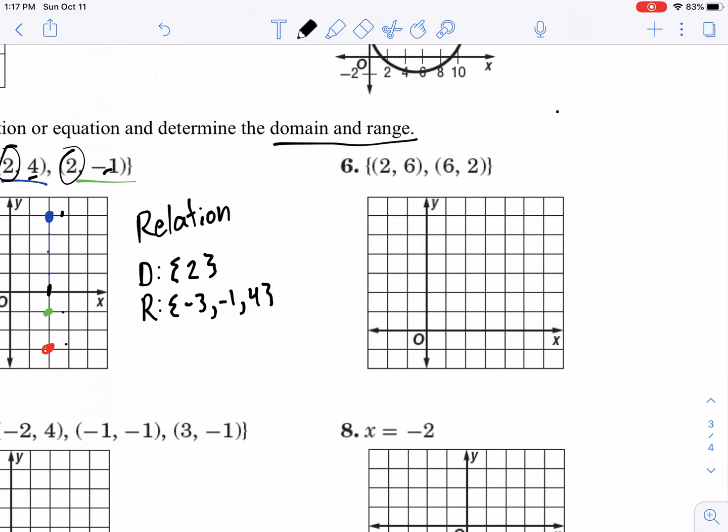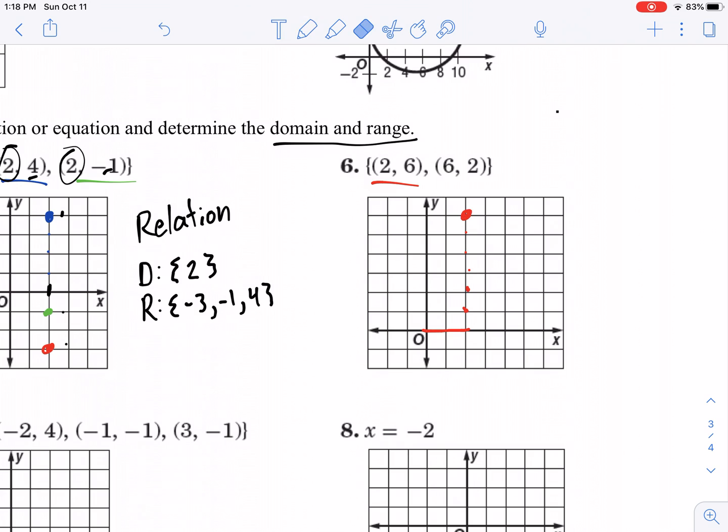Let's try one more together here. So notice I have this guy, 2, 6. So if I plot 2, 6, I'm out 2 on the x, up 6 on the y. 1, 2, 3, 4, 5. Oh, messed up there. Lost my count there. All right, out 2 on the x, up 6 on the y. 1, 2, 3, 4, 5, 6.